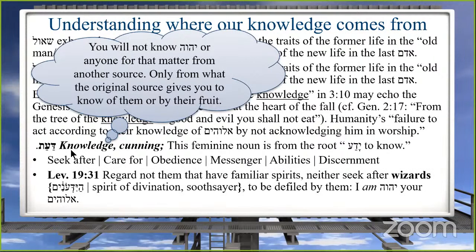All right, so here's an example of something that is not good. Leviticus 19:31 says, regard it not them that have familiar spirits, neither seek after wizards, but in the Hebrew there it says Hayidonim, which means spirit of divination, soothsayers, to be defiled by them.